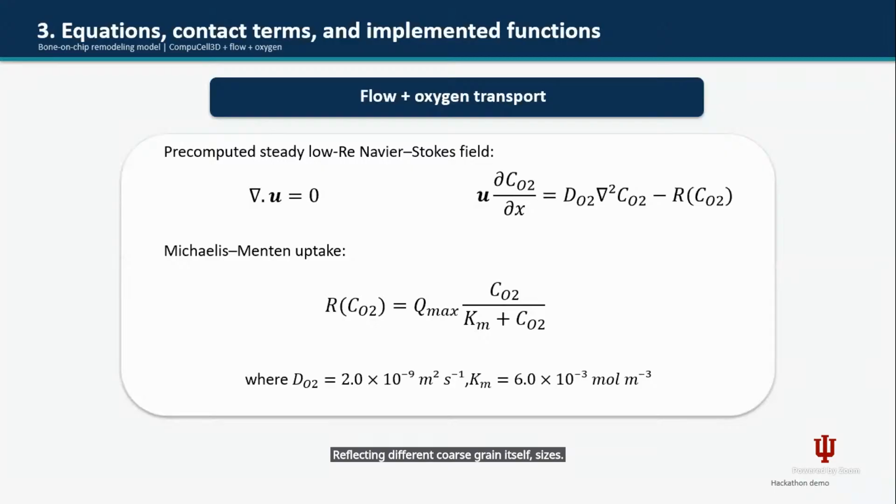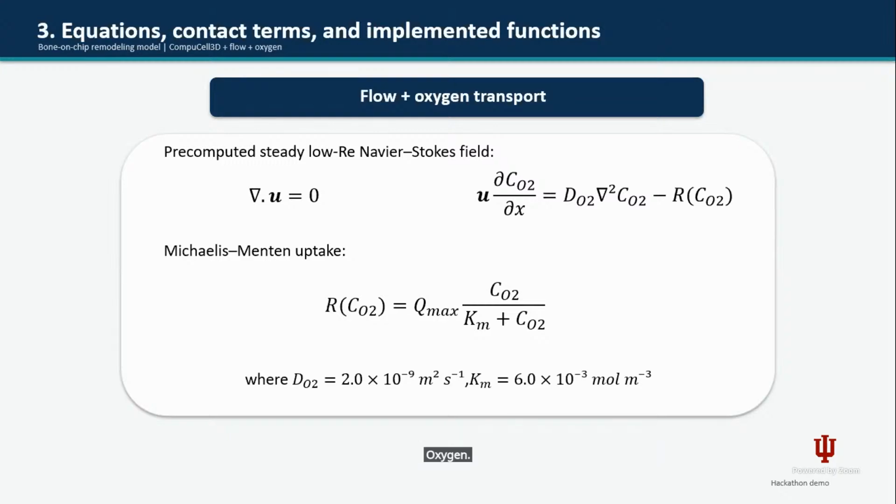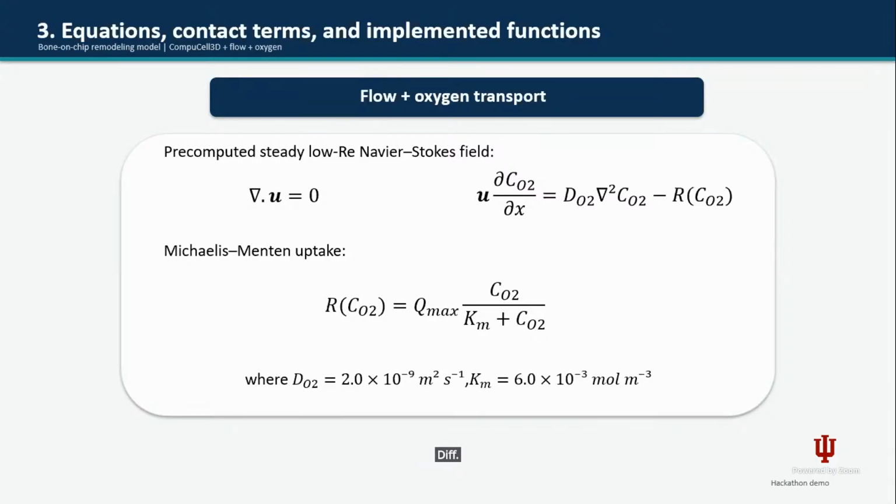For the transport physics, we use a pre-computed low Reynolds number flow field from the Navier-Stokes equations. Oxygen is then described by an advection-diffusion-reaction equation. The advection transports oxygen with the local velocity field. Diffusion redistributes oxygen spatially, and the reaction term represents cellular consumption.